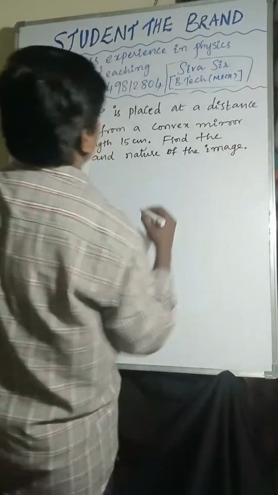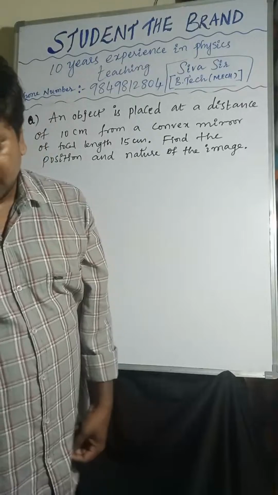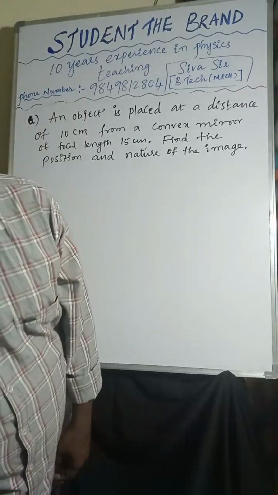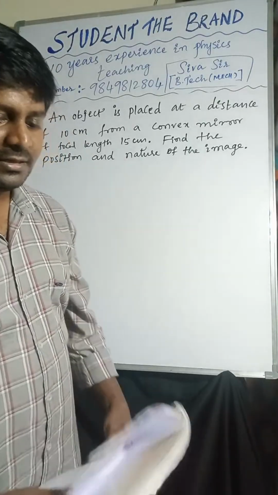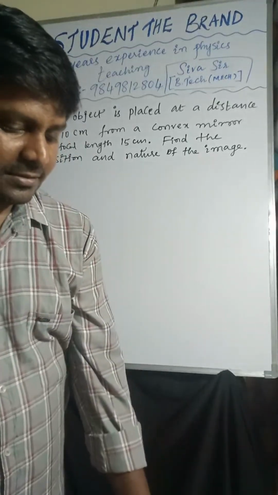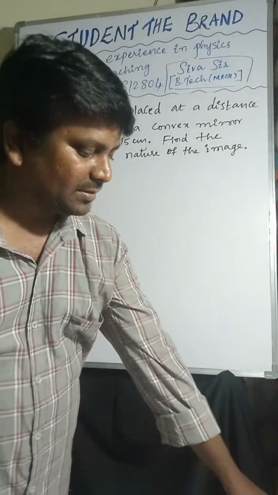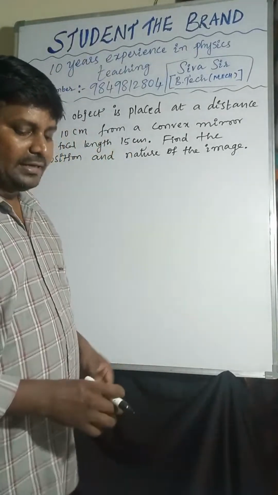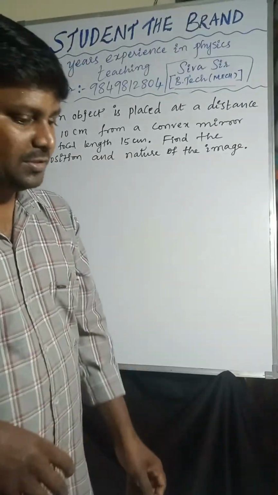So this is the question. You can observe now. An object is placed at a distance from a convex mirror. Here, which mirror is it?